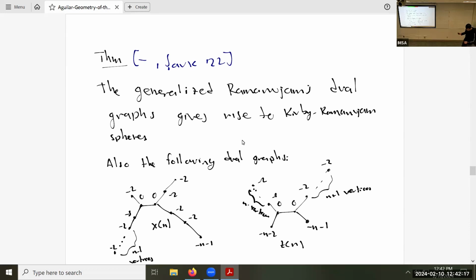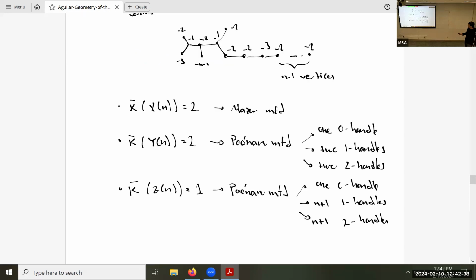So if you remember the construction of Mazur, to have a Mazur manifold was equivalent to the knot that you end up with being really the unknot, not a ribbon knot, but really the unknot. And so this will give us really a Mazur manifold, and the other 2 will give us a Poincaré manifold.